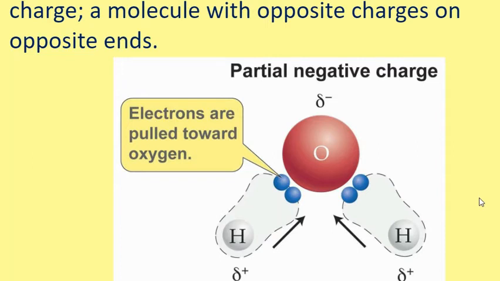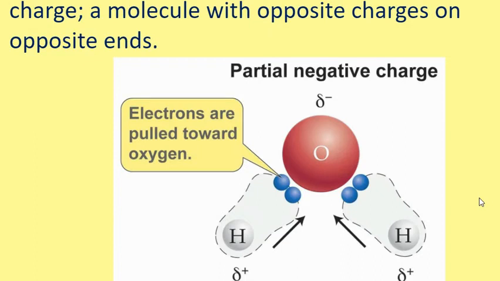And that's because, and we talked about this before, water is H2O. That oxygen has a lot more protons in the center, in the nucleus, than the hydrogen atoms do. And so there's going to be more attractive force on those electrons that the hydrogen and the oxygen share, okay? Because they have a covalent bond, so they're sharing their electrons.